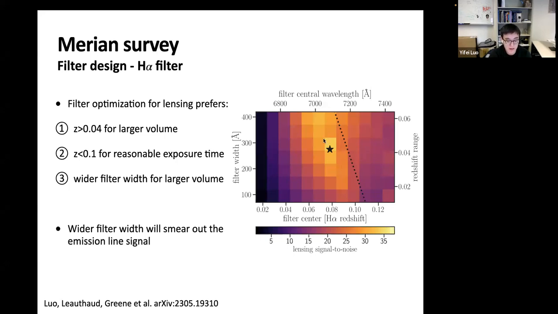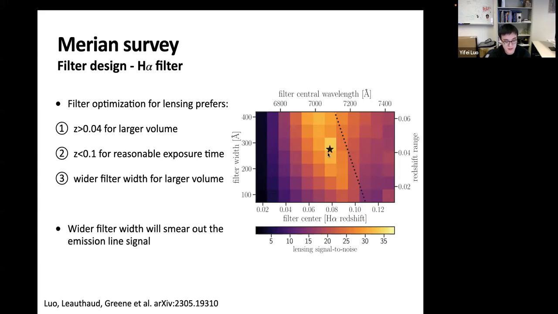So you can see there's a maximum here. And the black star here is the final Merian filter design. So it's basically for H alpha at about redshift 0.08, and the filter width about 300 angstrom.